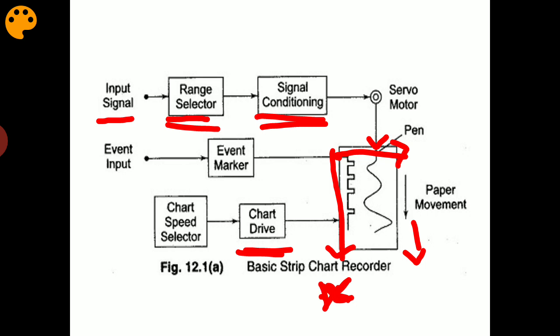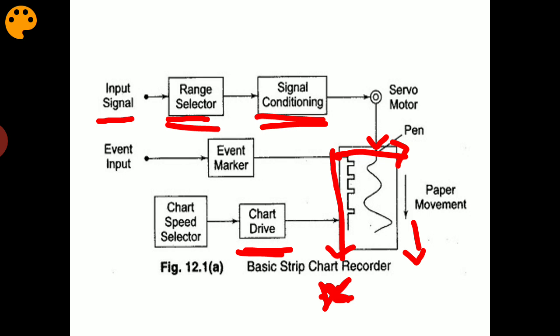For example, if the chart is moving at 1 millimeter per second, then each 1 millimeter division on the x-axis will correspond to 1 second. Similarly, if the chart is moving at 2 millimeters per second, then each 2 millimeter division on the chart will correspond to 1 second. So, the scale along the x-axis is actually set by the speed of the chart.